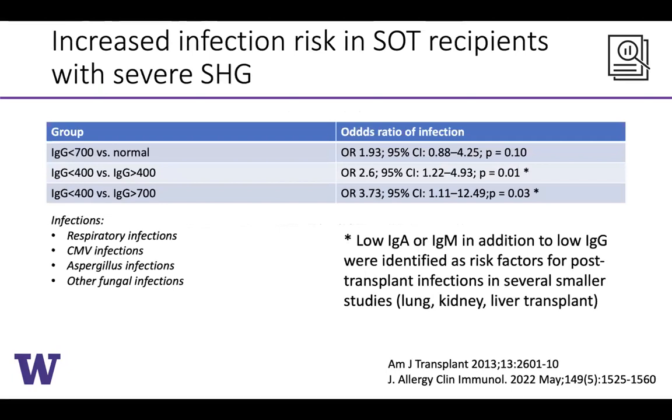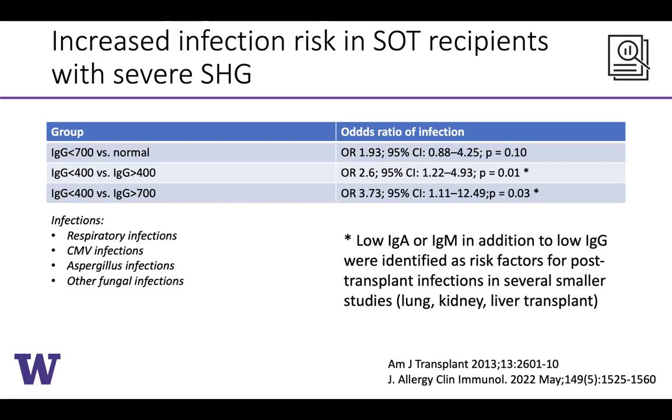And again, going back to this pivotal study, what is the risk of infection in patients with severe secondary hypogammaglobulinemia? So here we have odds ratios for infections, and they're all elevated, but they increase the more severe the hypogammaglobulinemia is. So with IgG below 400, there is a really high odds ratio of infection.